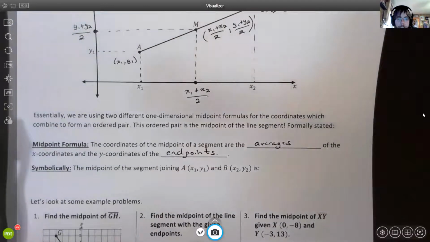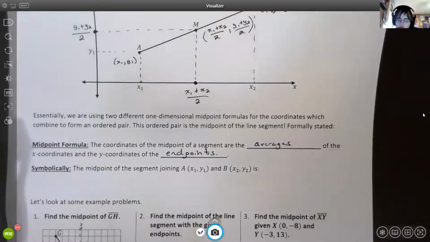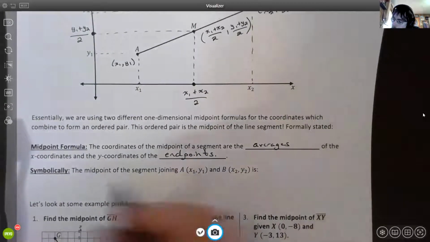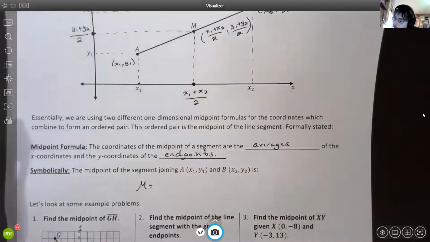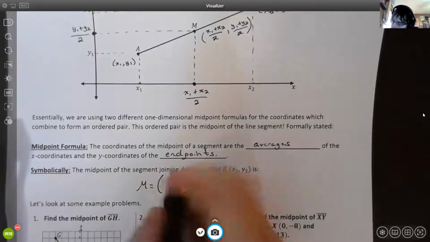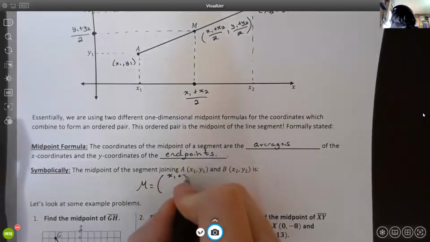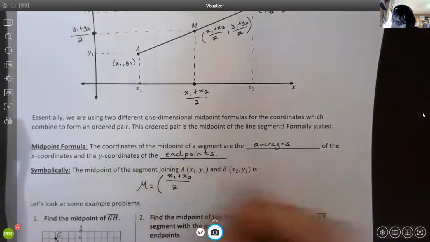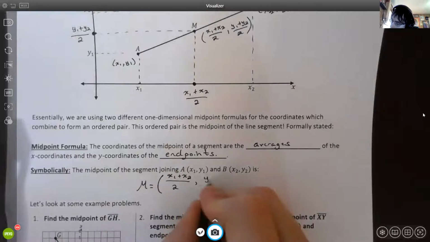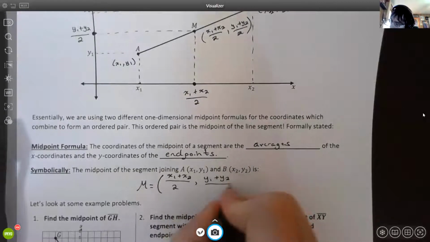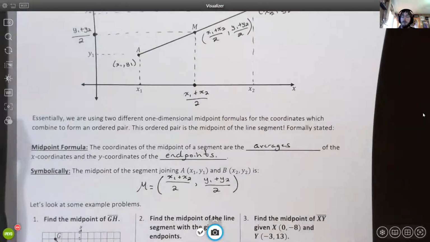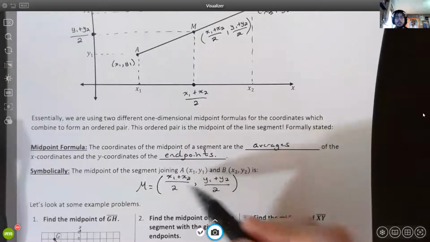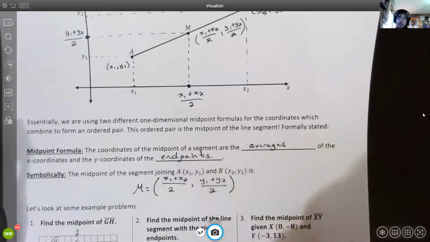The midpoint of the segment joining A, x1, y1, and B, x2, y2 is, and this is your formula, M, which is your midpoint, equals, parentheses, x1 plus x2 over 2, comma, y1 plus y2 over 2, in parentheses. So your midpoint is a point. So when you figure out what x and y are, you need to put your parentheses as well.